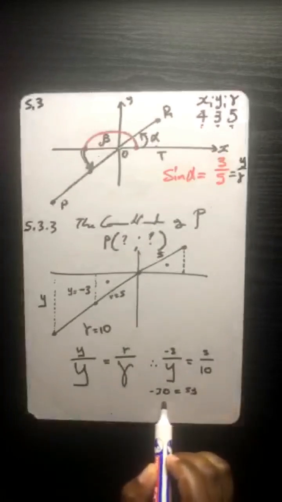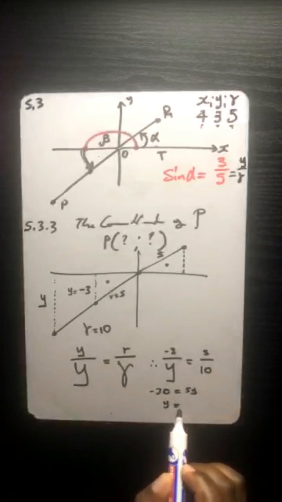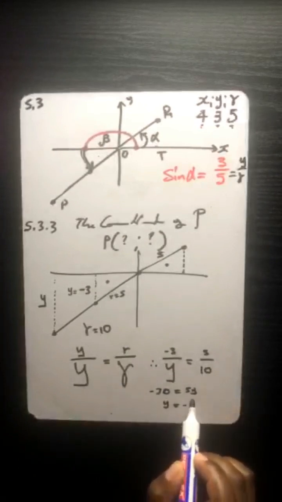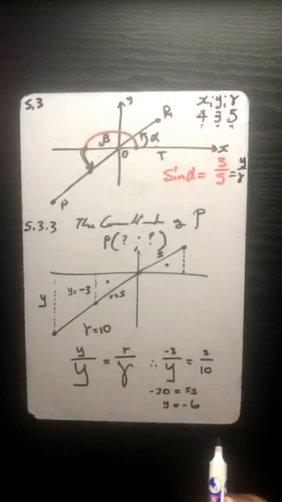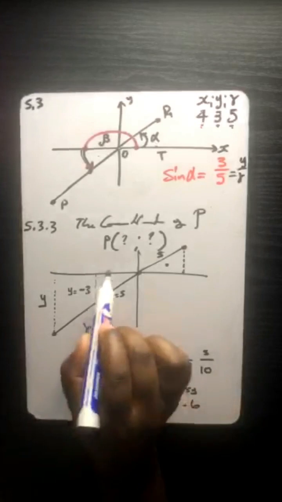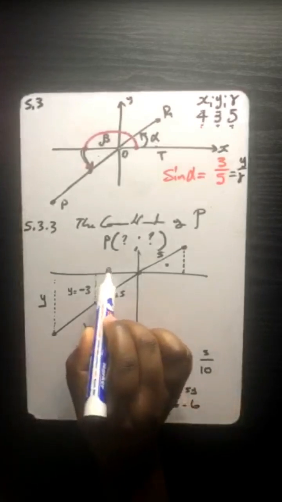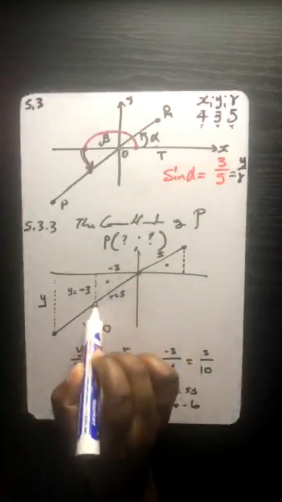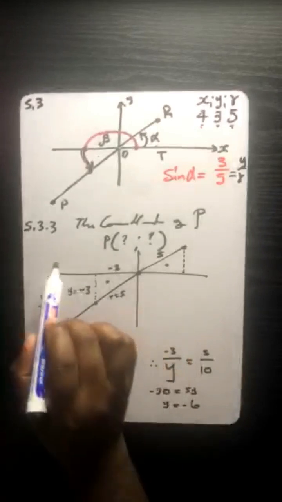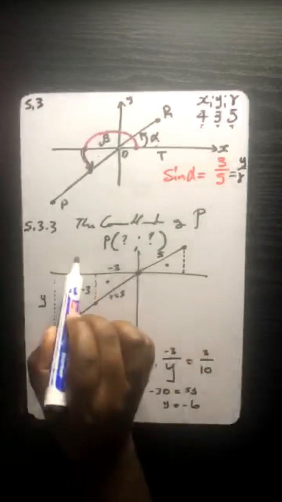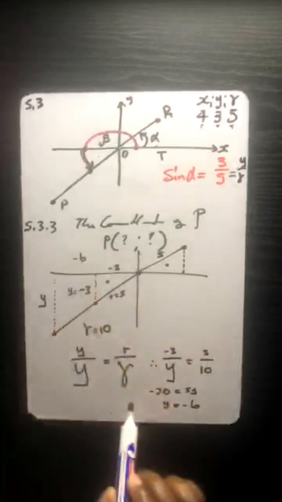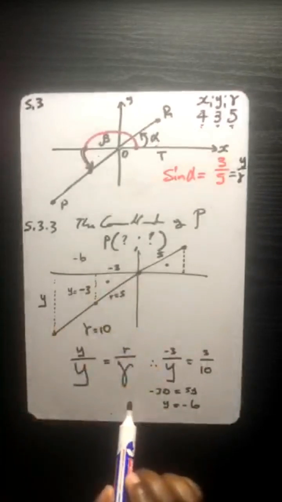So that means y is going to be equal to 30 divided by 5, and it gives you -6. So what I suspected was, if the small triangle is -3, since this thing is twice the distance, possibly from the origin to there it is -6.